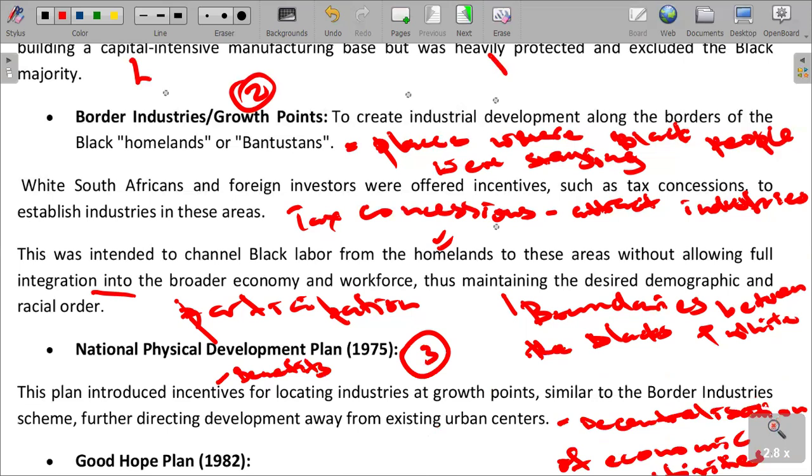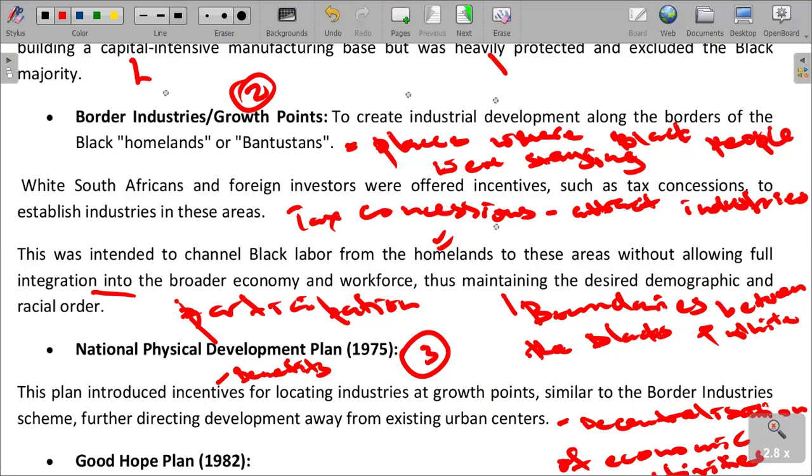This was without allowing full integration into the broader economy and workforce, without giving blacks full participation in the economy and the workforce, thus maintaining a desired demographic and racial order. The boundaries between blacks and whites remained in place.